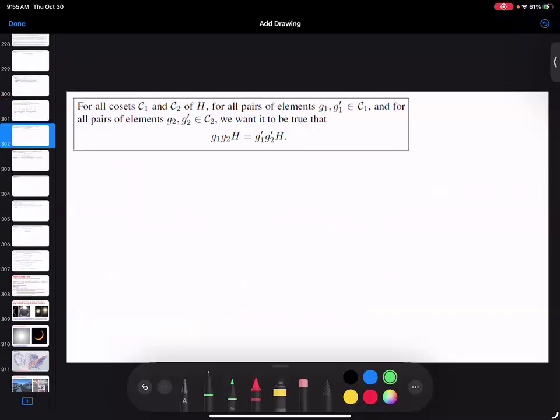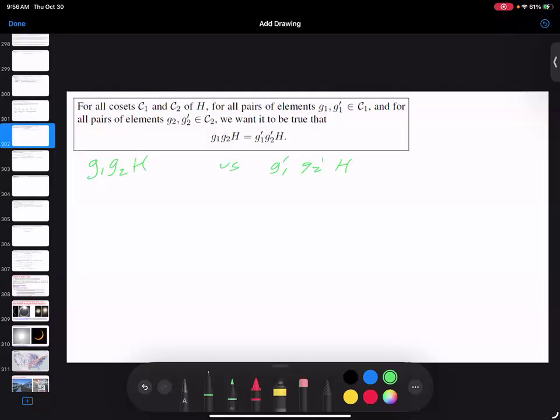Okay, so we talked a little bit about cosets before. We want it so that it doesn't matter which representative you use. So if I take a coset, let's say G1 H times G2 H versus G1 prime H times G2 prime H, we want these to be the same.